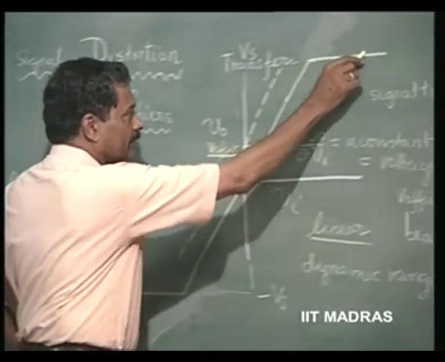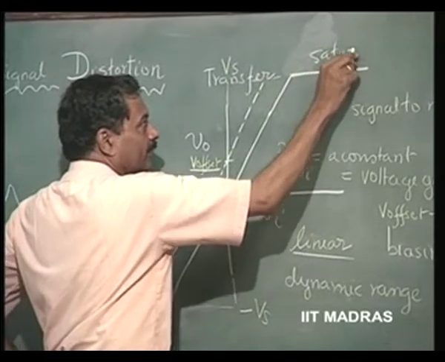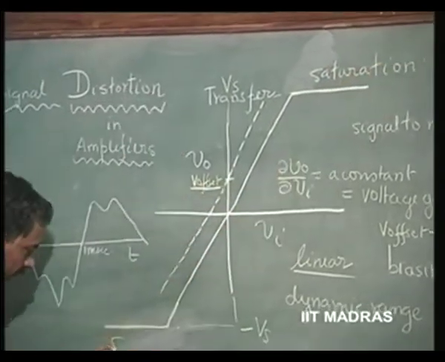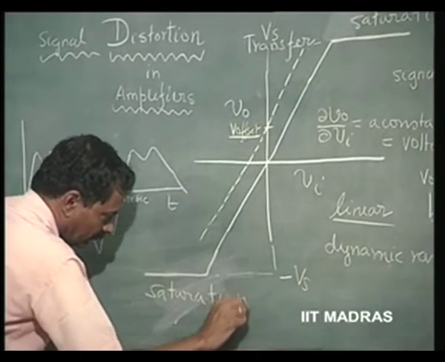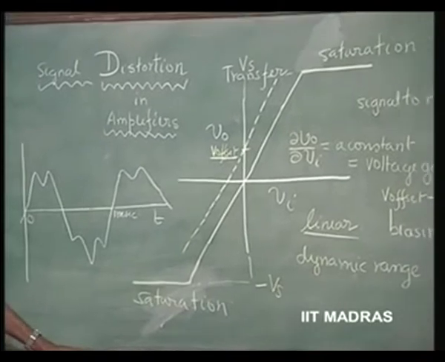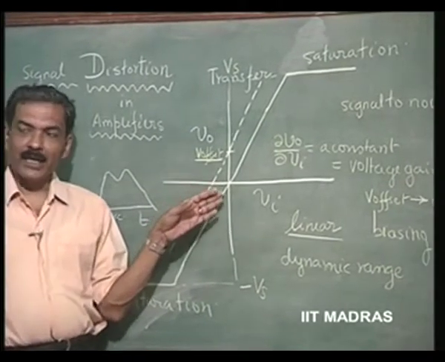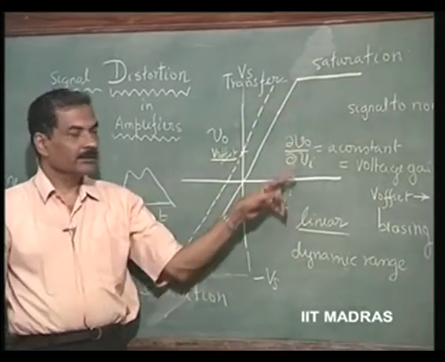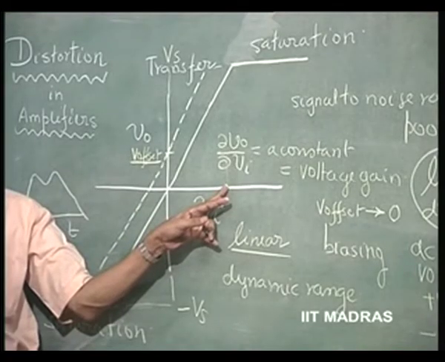So, this is called limitation due to saturation. So, if I apply a signal which is having an amplitude greater than this, then output is not going to increase further, it is going to remain constant.